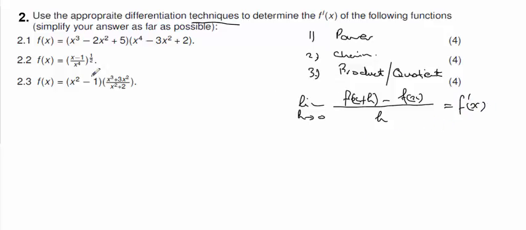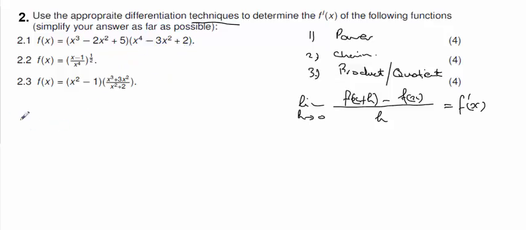So what we're going to do now, we see that the first function here is a product of two polynomials, x cubed minus 2x squared plus 5 multiplied by x to the power 4 minus 3x squared plus 2. So there's no need to remove brackets here in order to do this. I think you get yourself into some tedious work unnecessarily.